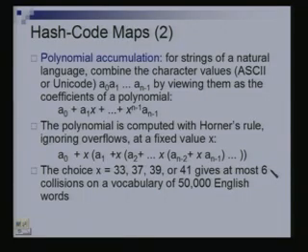You will have at most 6 collisions at a particular location. There is no theory behind it; this has been observed experimentally. So this is some experimental study in favor of this kind of a hash code map.